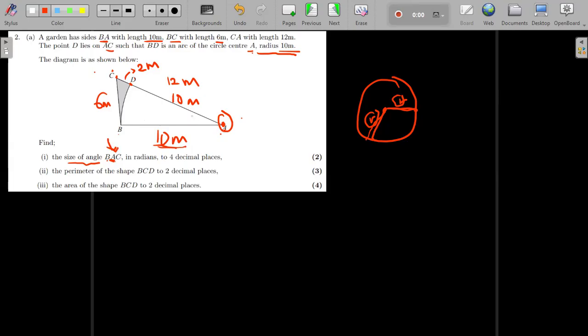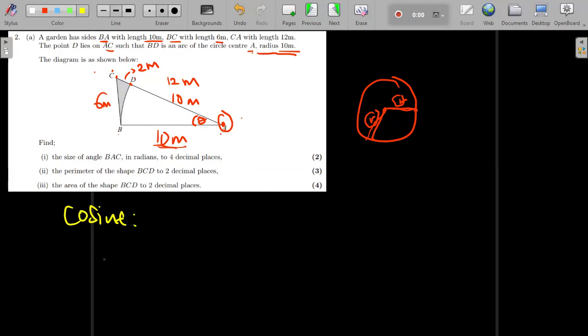So angle BAC is just this angle here, which we can call theta. We want to find this angle, so what are we going to do in order to find that angle? We are going to use what we call the cosine rule.